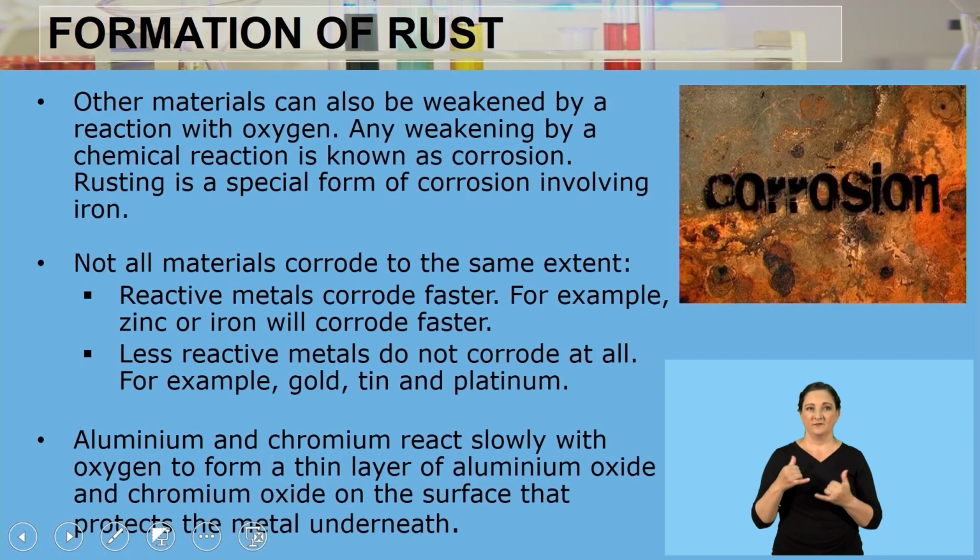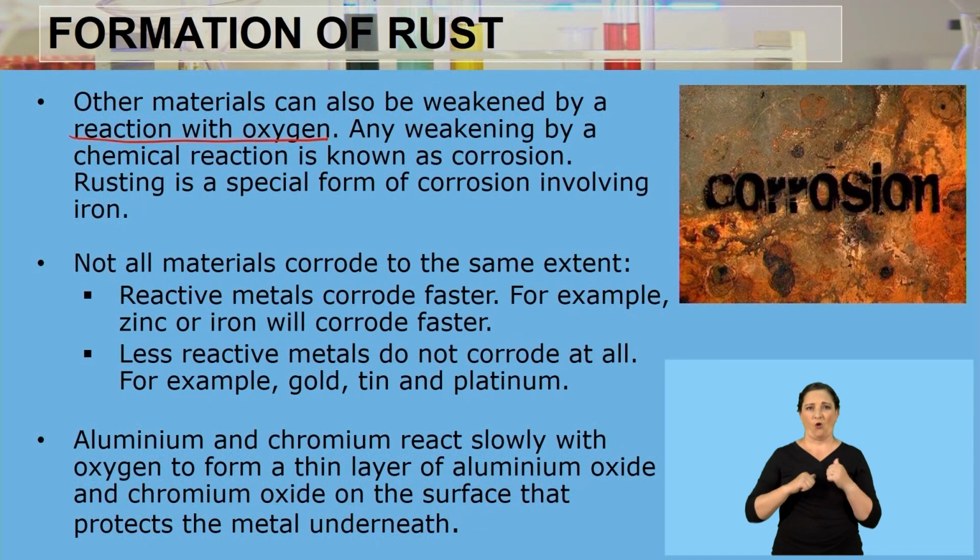Other materials can also be weakened by the reaction with oxygen. So it's not only iron that can be weakened by the reaction with oxygen. And any weakening of a substance by oxygen is called corrosion.